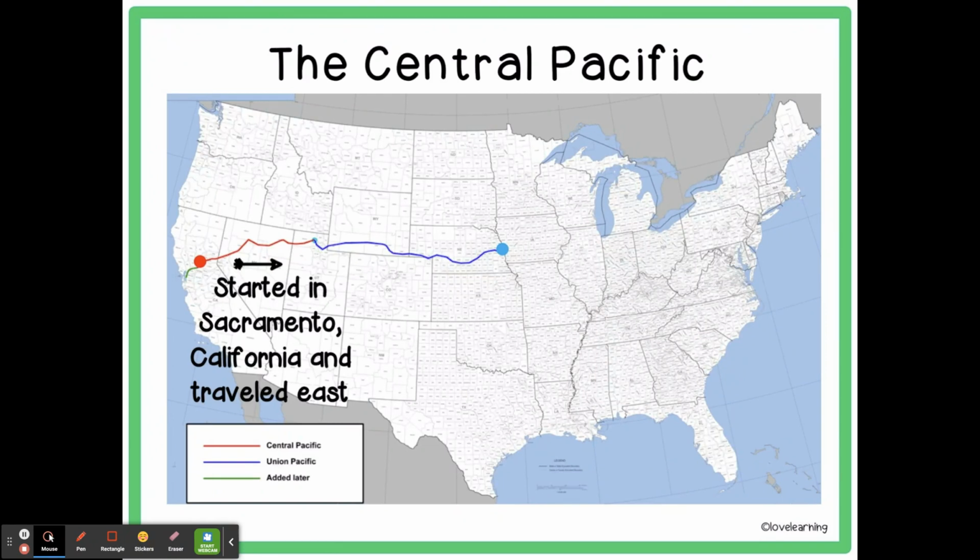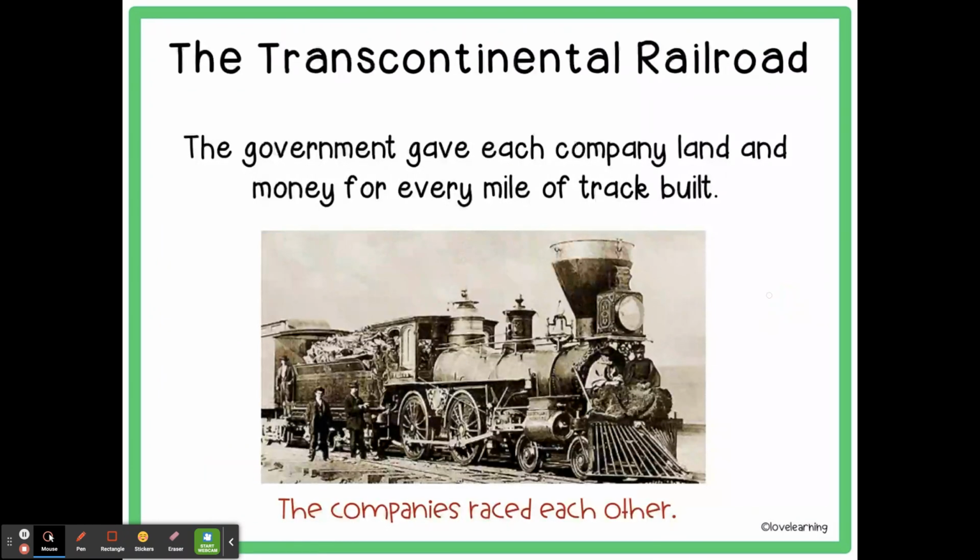So I think you're starting to get the idea that they are going to meet up right in that area. That's their goal. So make sure you have down that the Central Pacific Railroad started in California. We just want to know the states that these railroad companies are starting in.